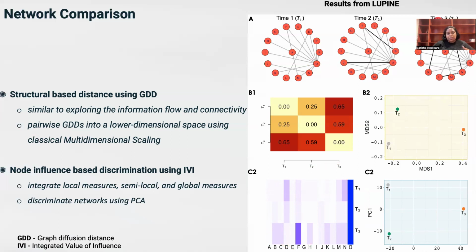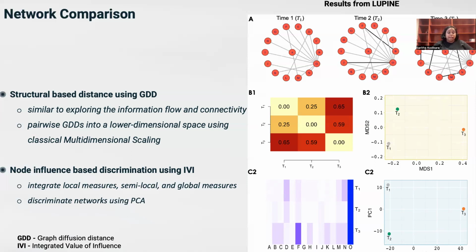So at time point 3, F is starting to be an influential node. Again, this heat map will give you, if you have 100 taxa, those as columns, and in the rows you will have the time points.